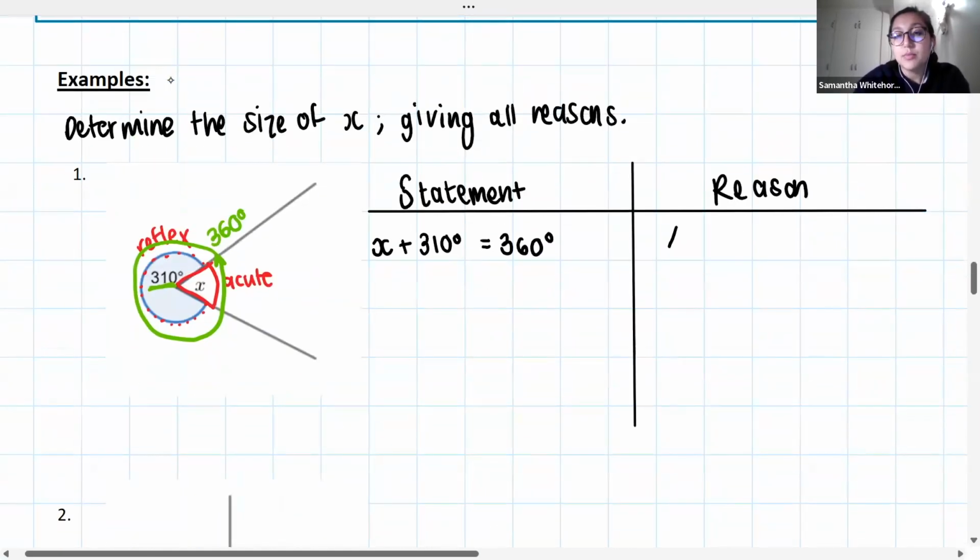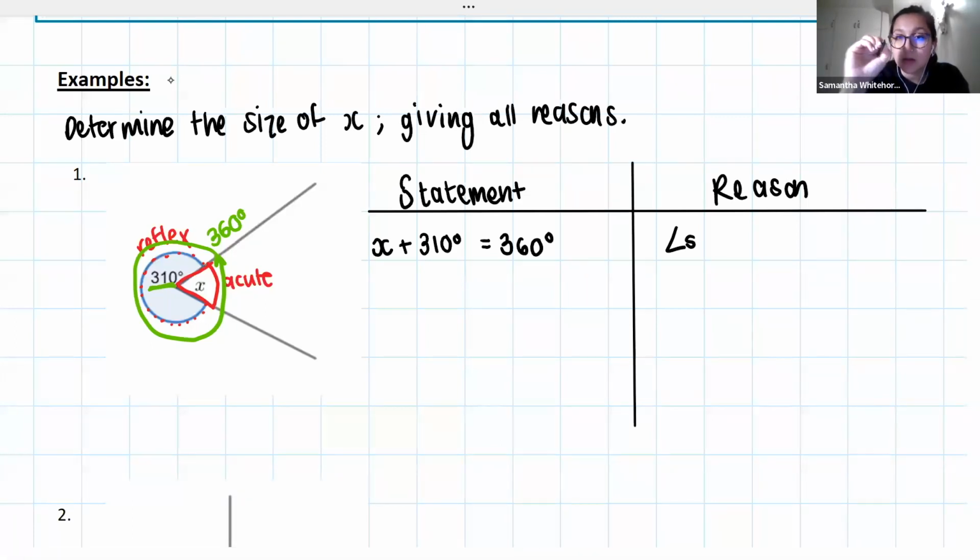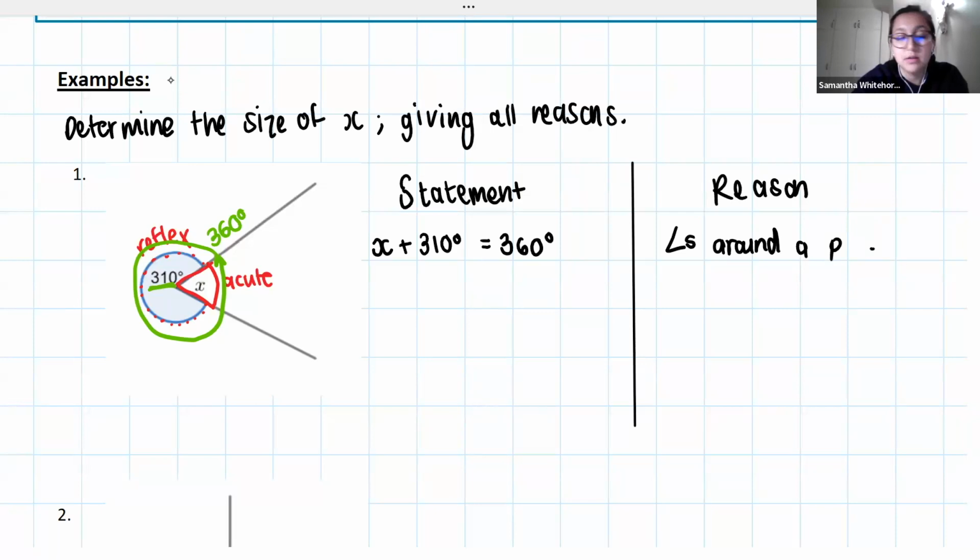Now, grade 8s, you can abbreviate angles to the little sideways L with an S. That means angles around, and you can abbreviate point to PT. Mathematicians are quite lazy. If we don't have to write something out, we don't. So don't stress about the full words or full sentences. That's horrible handwriting, but we're just gonna leave it.